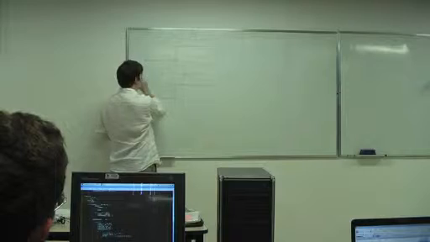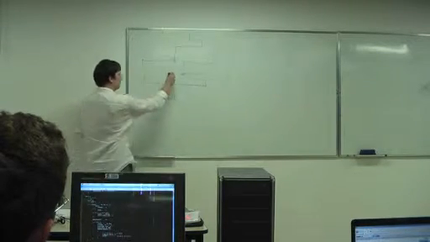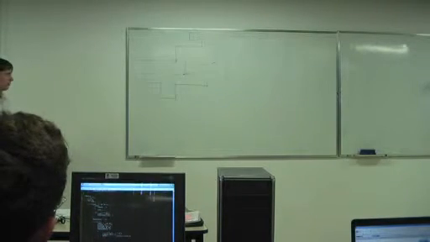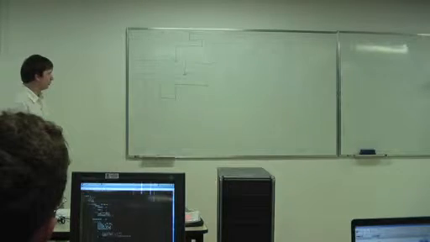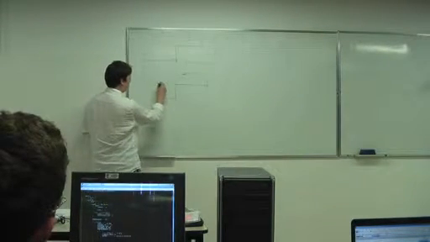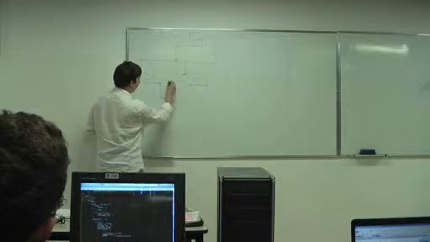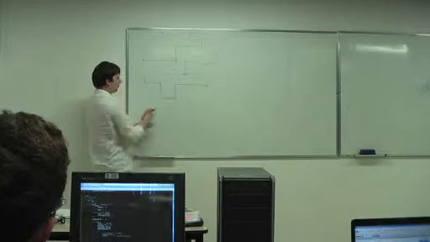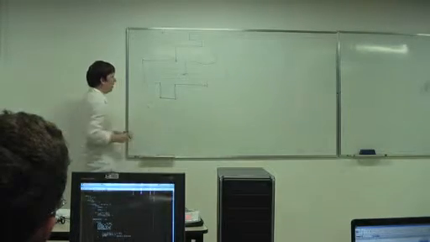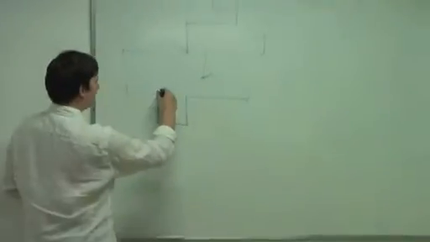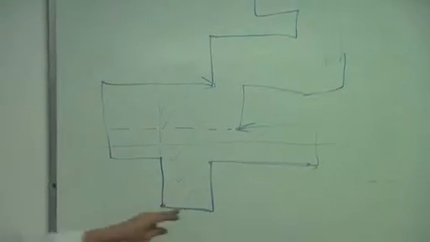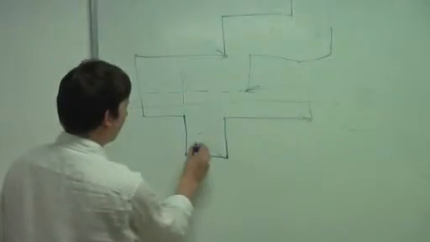I claim that the guard should never go below this line. So if we draw this line, it doesn't make sense for the guard to go below it. Why? Consider the bottommost edge. To see this point, the guard must be at some point in this region, to the right of this point. And to see this point, the guard must be at some point of this region.